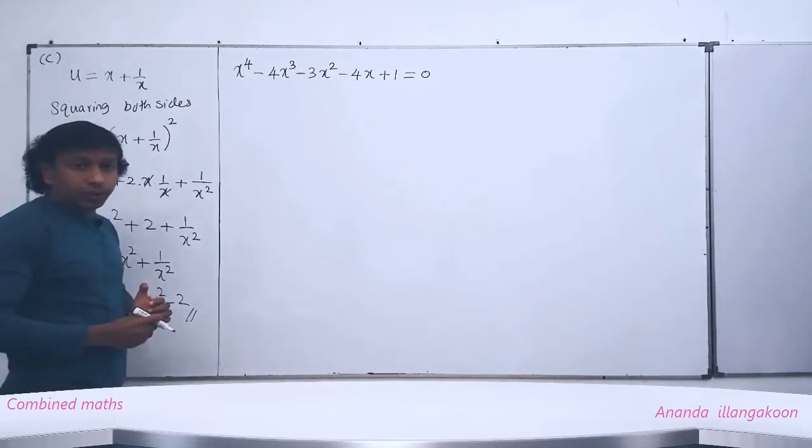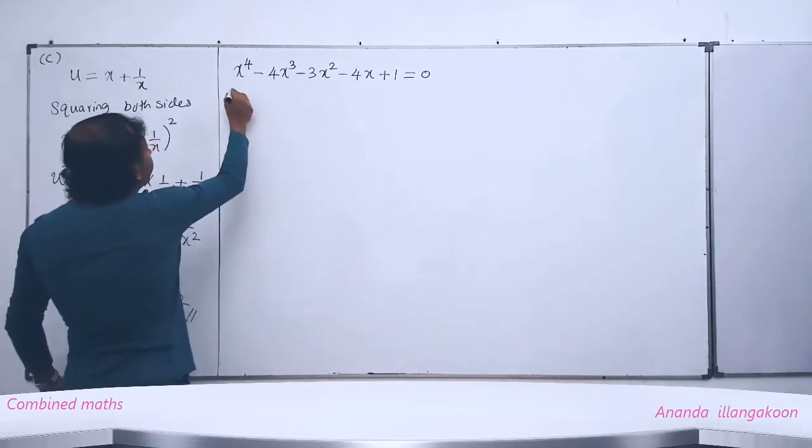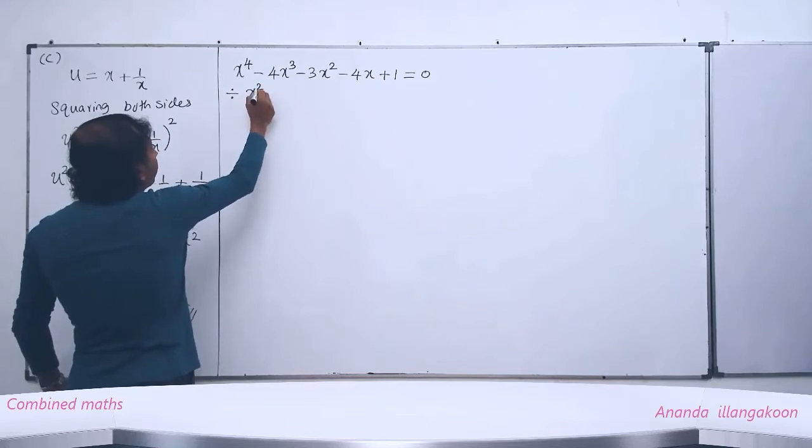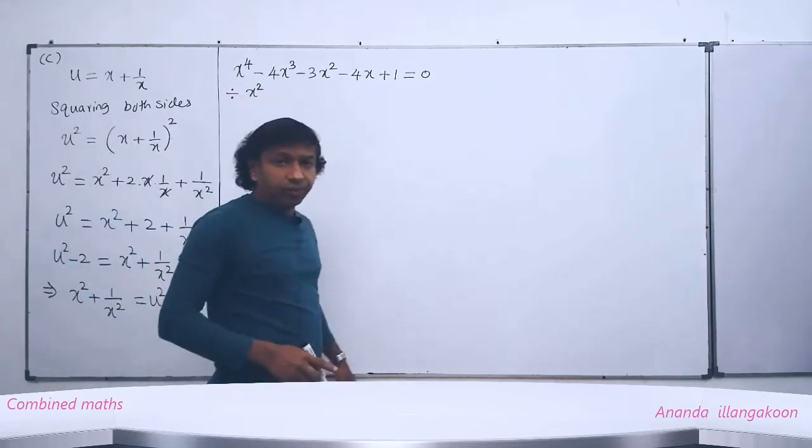This is what we do first. We divide all the terms on the left hand side and the right hand side 0 by x squared.